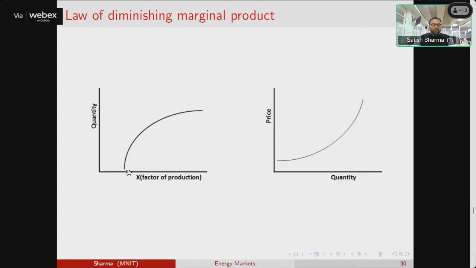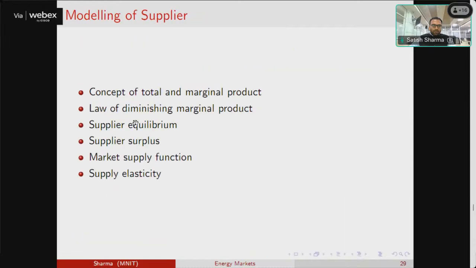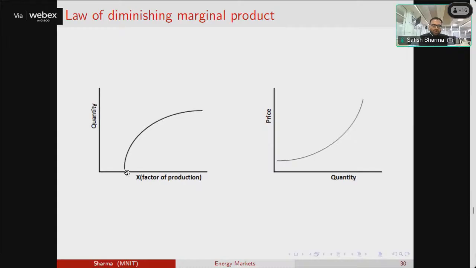If you increase those factors, the quantity will increase very rapidly initially, but after a certain time, even if you increase a lot of production factors, let's say fuel supply, even if you put a lot of fuel, the production will be limited and the quantity will basically saturate after a certain time.